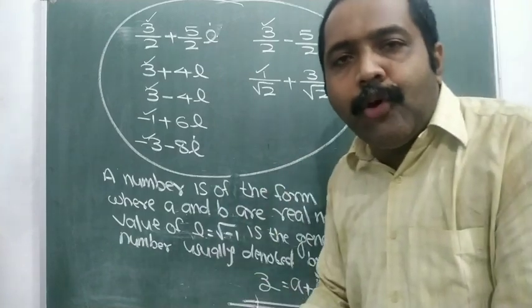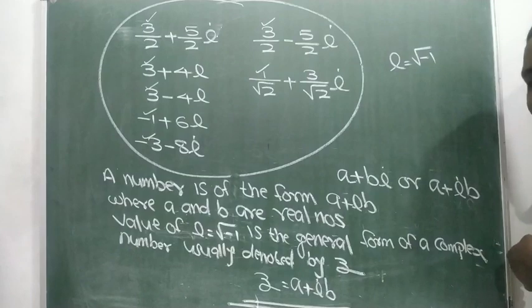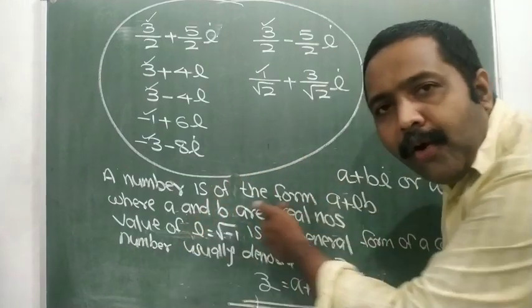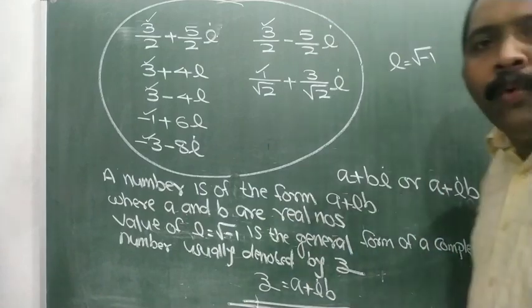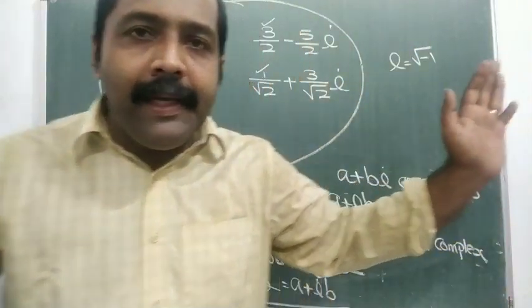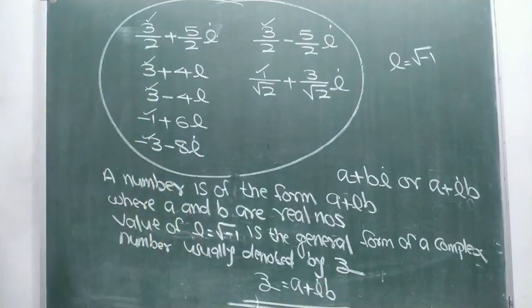Such types of numbers are called complex numbers, usually denoted by z, that is z is equal to a plus ib. Okay, clear? Note.